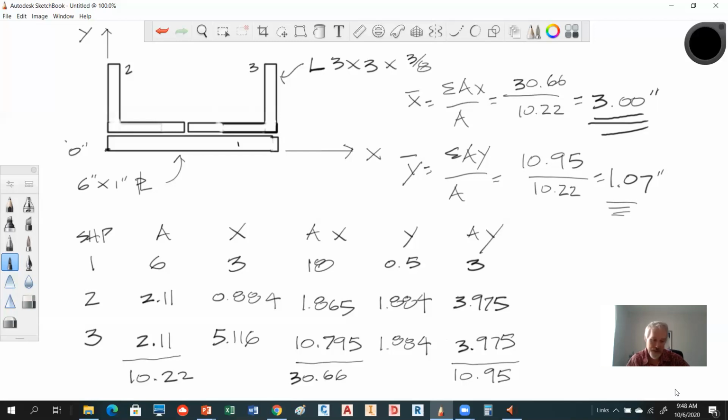So what I want you to do is the assigned problems on Blackboard for this section. I think there's like 14 problems, something like that. They are a combination of different types of problems. The first, problems 1 through 7, are the simple composite shapes.